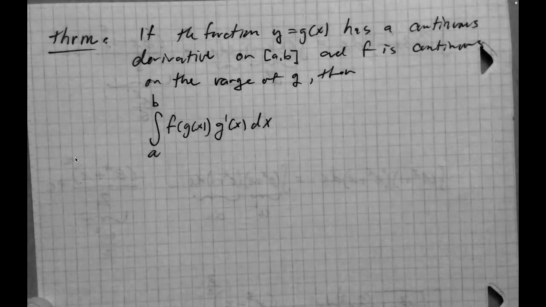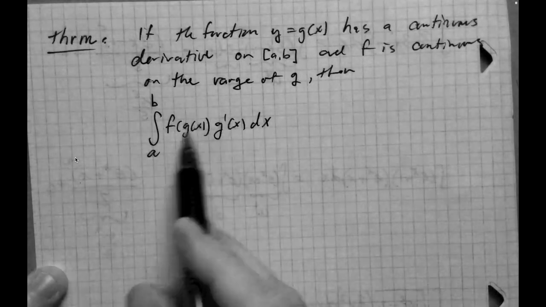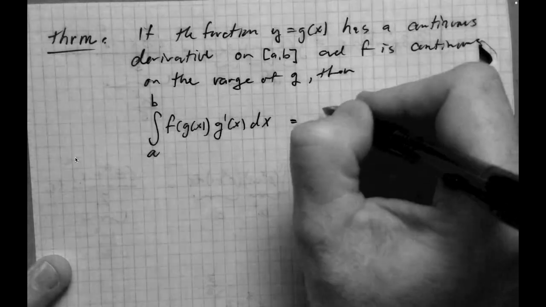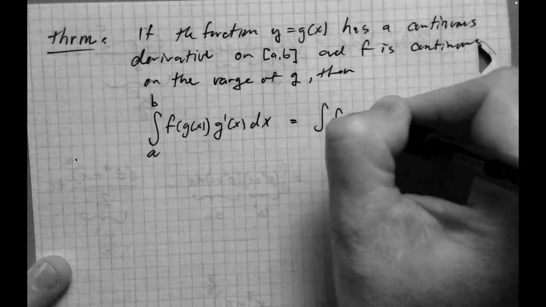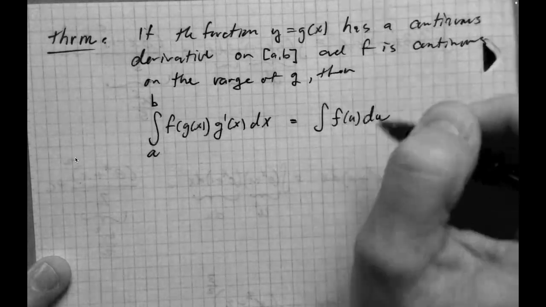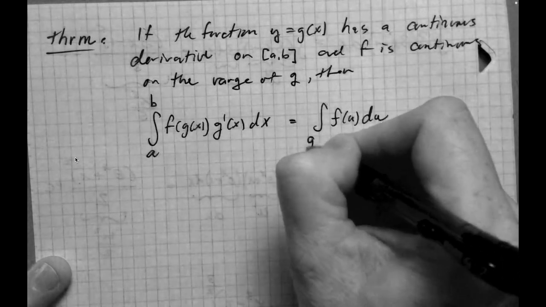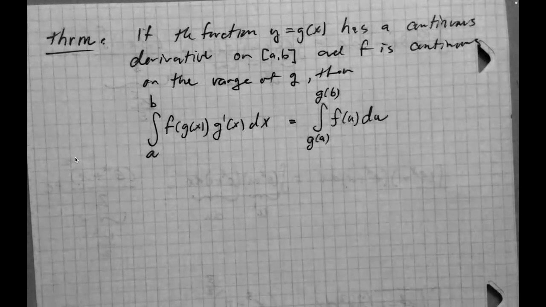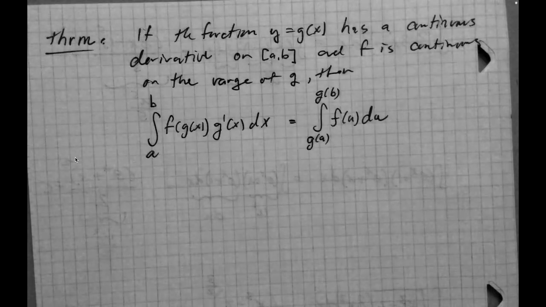So this is the same integral that we talked about before, except now it's a definite integral. Then it's going to be equal to the integral of f of u du, where we evaluate the limits of integration inside the g function.